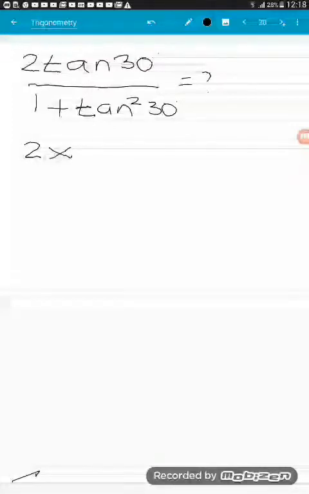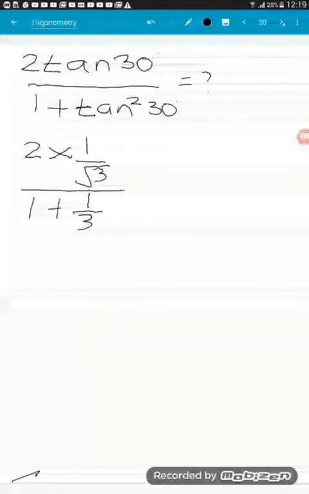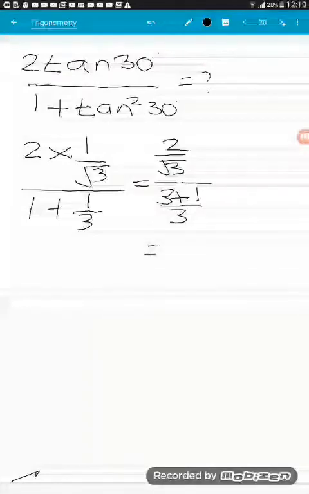2 into tan 30. Tan 30 is 1 by root 3. So 2 by root 3 by 1 plus 1 by 3, which gives 2 by root 3 over 3 plus 1 by 3, that is 2 by root 3 over 4 by 3.